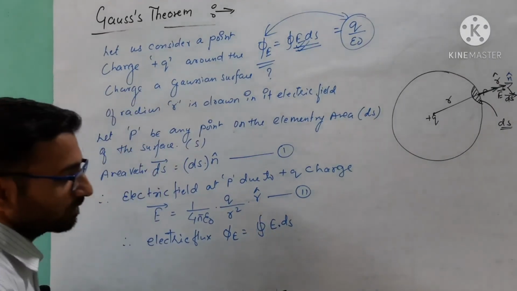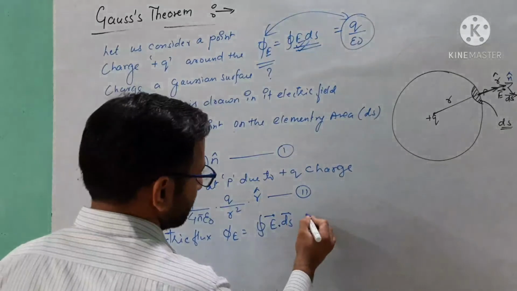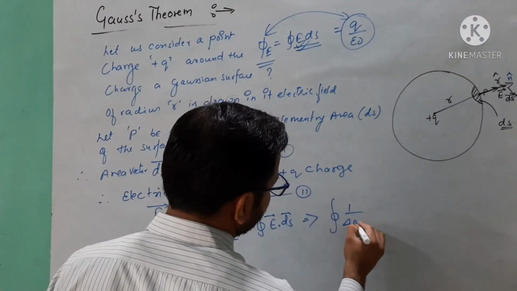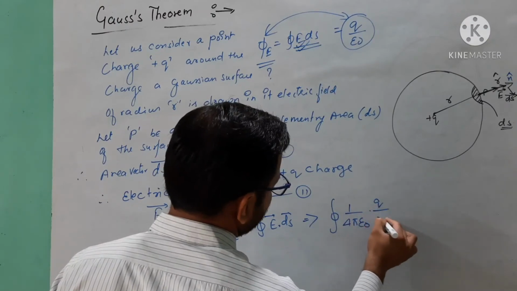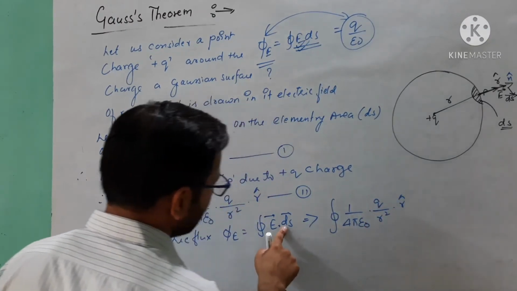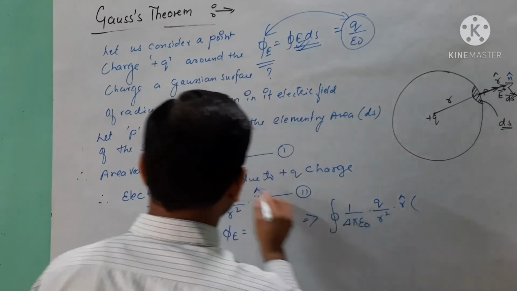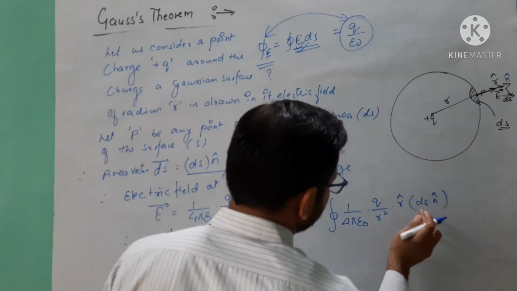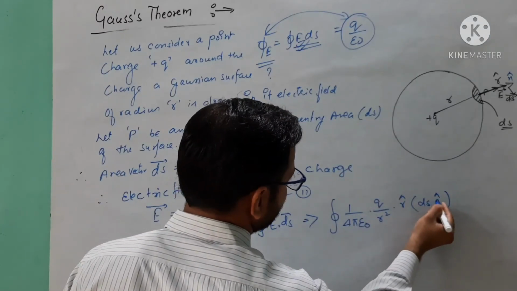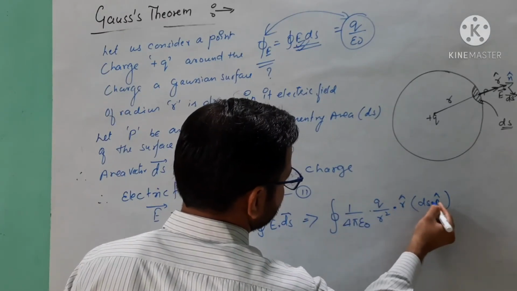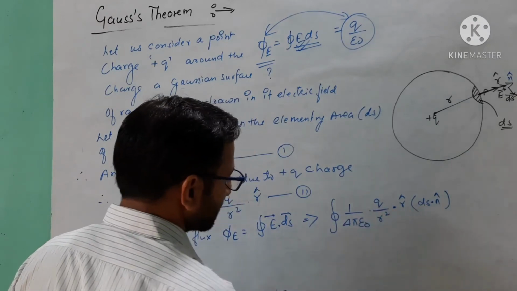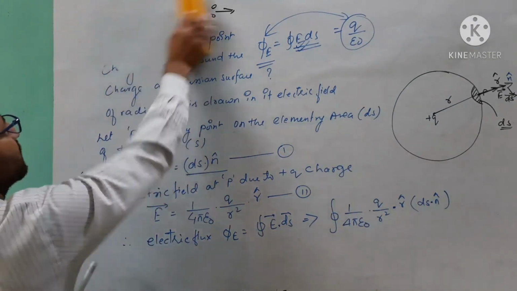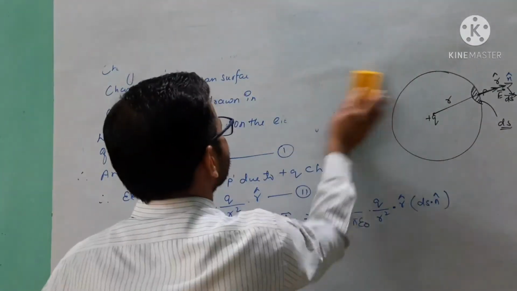It is E dot dS. In the next step you will substitute the value of E, 1 over 4 pi epsilon naught q over r square into r cap, along with this dS vector, which is equal to dS n cap. This is a dot product, so this dS will come out, and after that we will write the next part of this derivation.